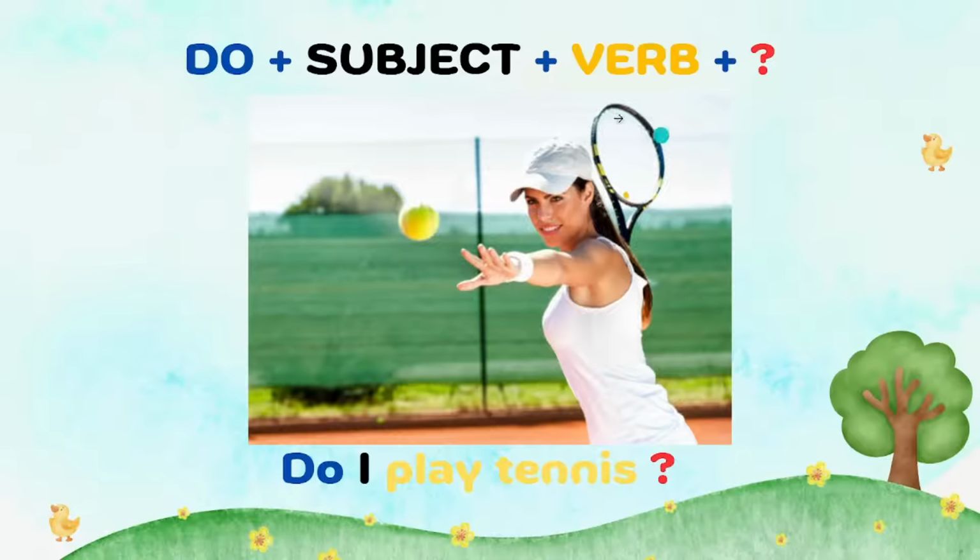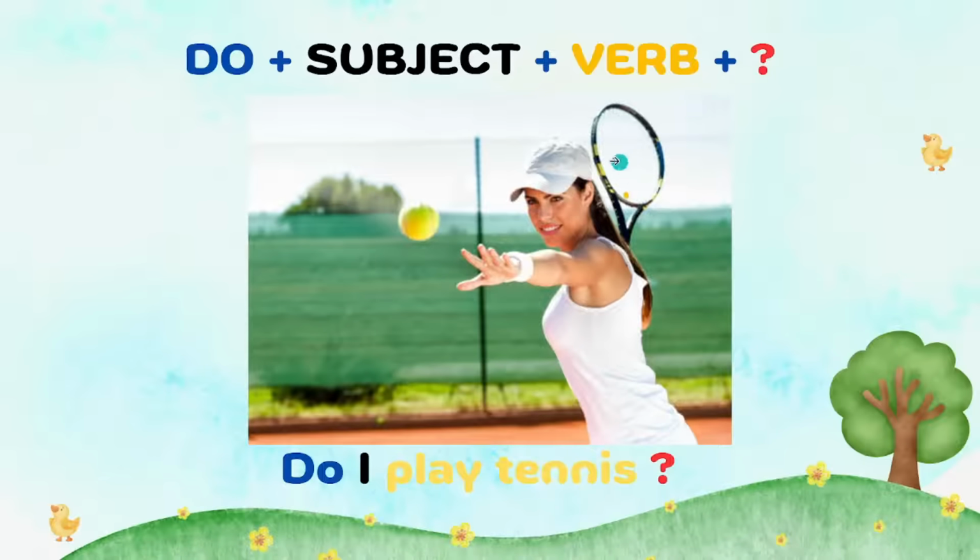Here, as I said, do, the helping verb, plus the subject whom we are talking about, plus the verb, the action word. And don't forget, everyone, to put a question mark at the end of the sentence.